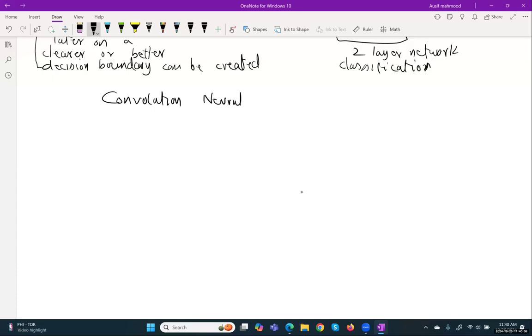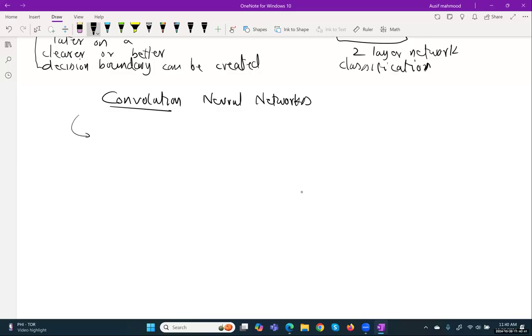So I'll quickly give you a high-level idea of what exactly convolution is, okay? Convolution is a mathematical concept that, over the years as we study nature, we find that, for example, our human vision system, we suspect, is using convolutions to understand images, as an example. So that's where the intuition came into play.